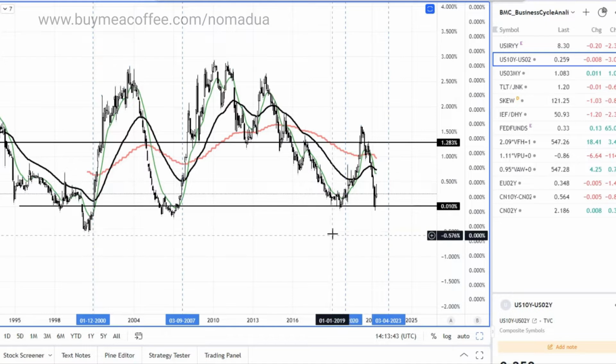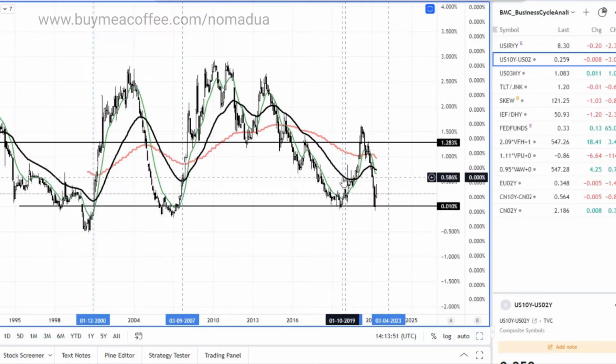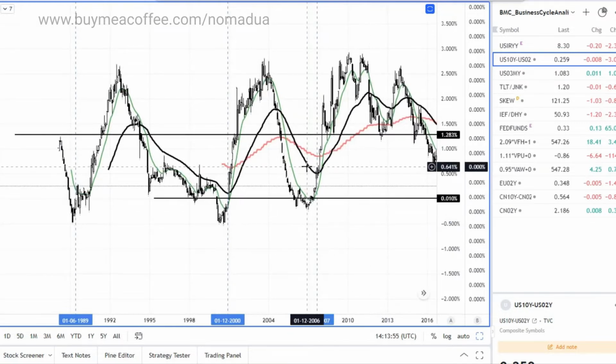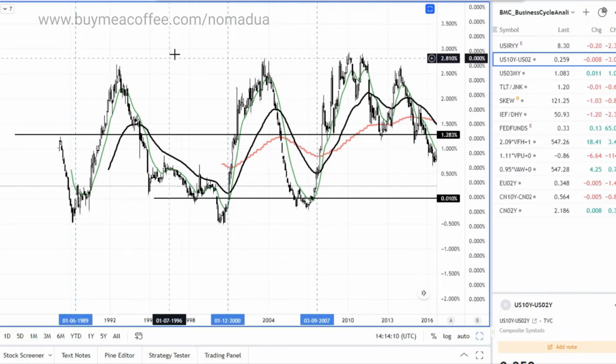This happened a couple of months before the COVID recession. This also happened about half a year before the recession of 2008. This also happened in 2000 and a lot of times before.